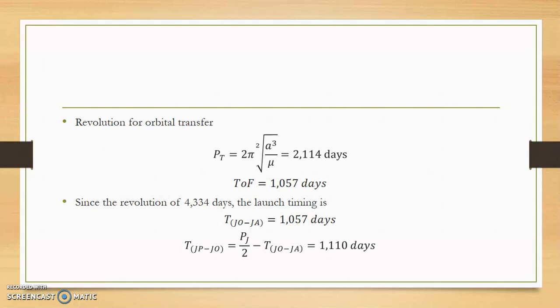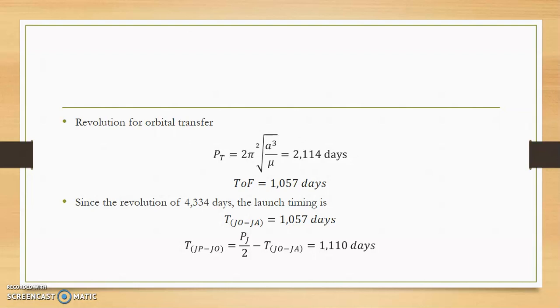Revolution for orbital transfer. We call PT using the period equation. We have the value of the period of orbital transfer of 2,114 days, and the time of flight is half of the period.